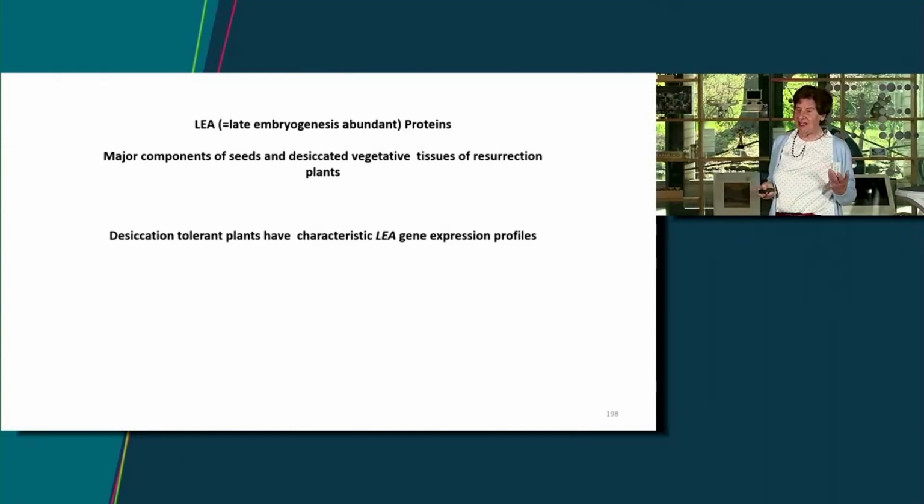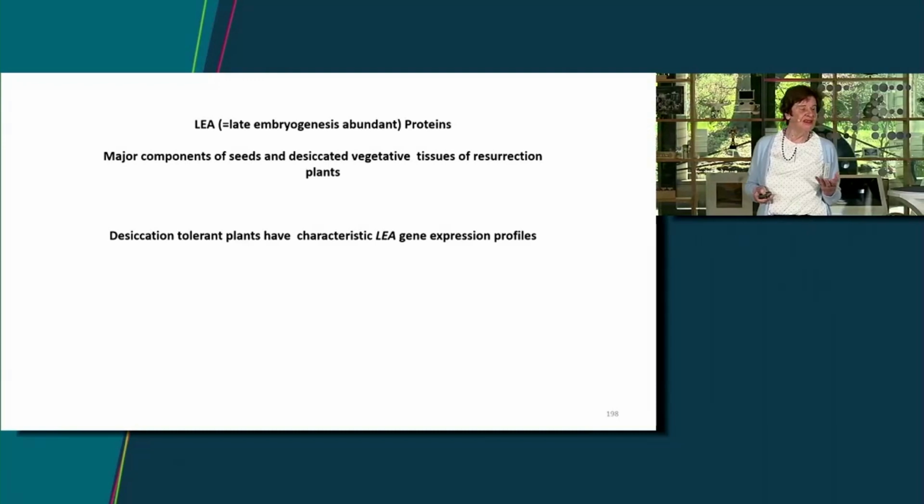So what you could say is that there is a loss of control of synthesis of LEA proteins in the resurrection plants. As soon as, for instance, wheat seeds start to germinate, the LEA proteins disappear.